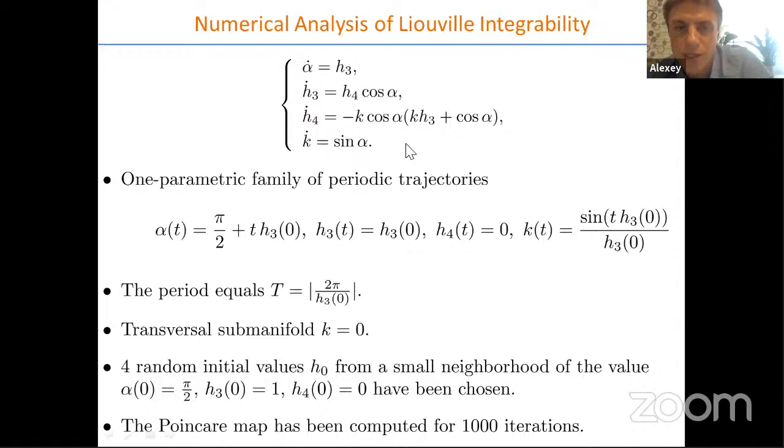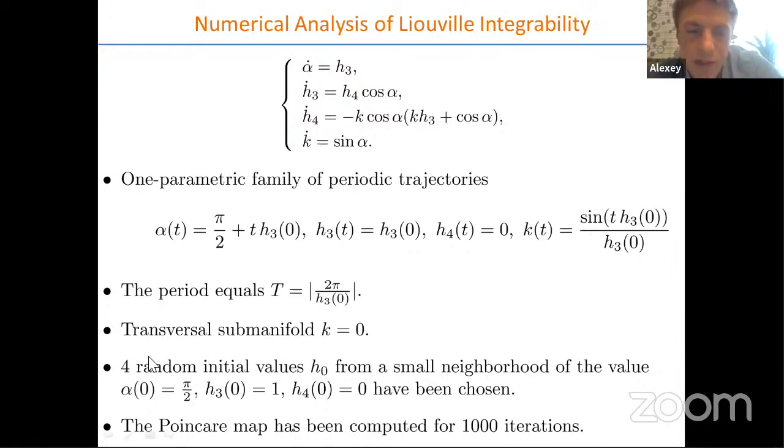Okay, here we can take an independent system of four equations from the Hamiltonian system, and then we find a periodic trajectory, which is written here. The period is written here, and the transversal manifold here is kappa equals 0. Then we propose the following experiment.